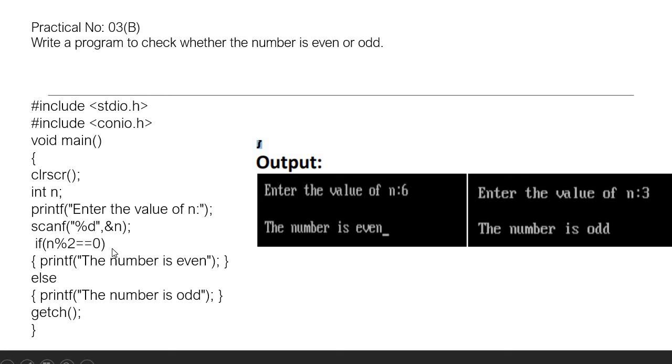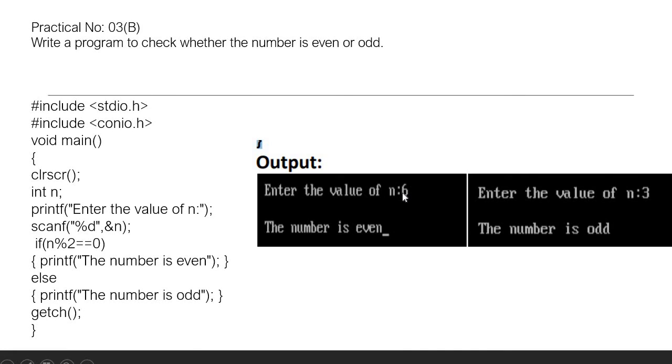The if means that if your condition is satisfied, the if statement gets printed, and if your condition is not satisfied, that is, the if condition is false, then it prints your else statement. You can see over here, within the first output, I have entered number 6.